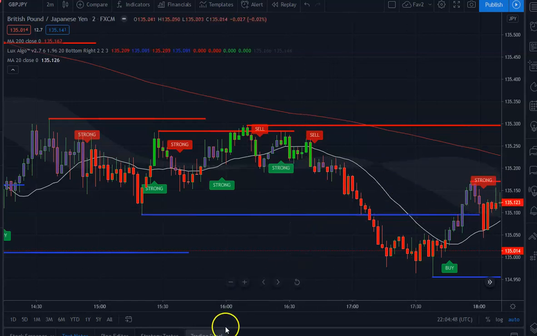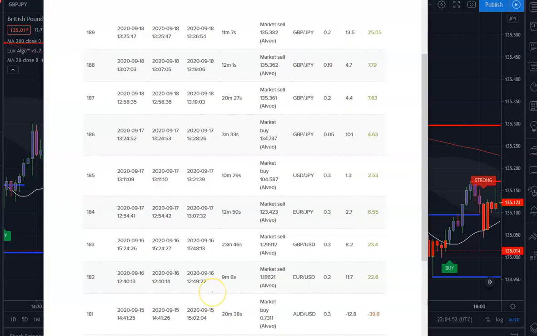So I tried this. I'll show you some of my trades this week. I did have a big loss here of 12 pips, and that was totally my fault. I was kind of hoping for a turnaround, a rookie mistake. If the trade doesn't work out, you should get out right away.